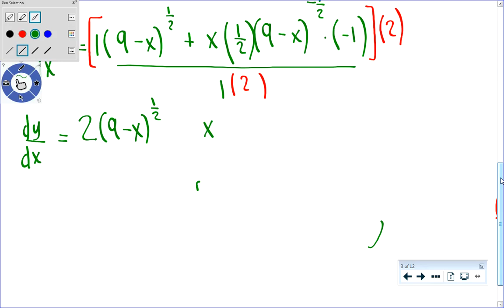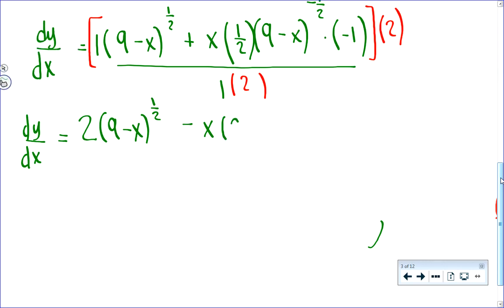Well, actually it's minus. I see that negative 1 way at the back there. I might as well put that in front: minus x, and then I have 9 minus x raised to the negative half.